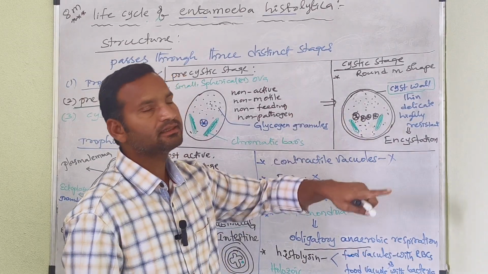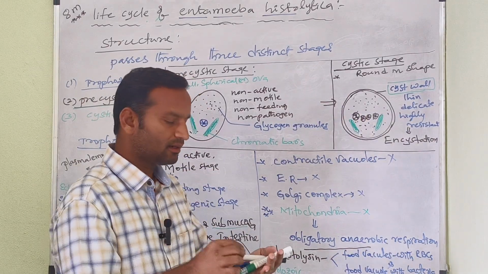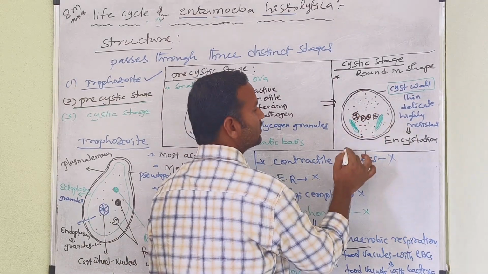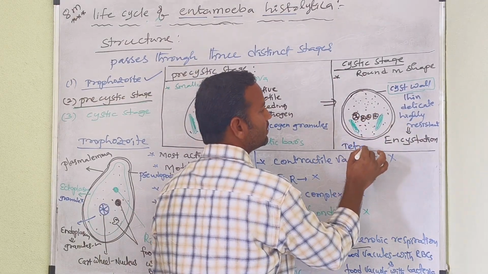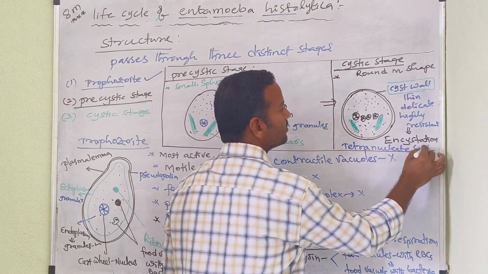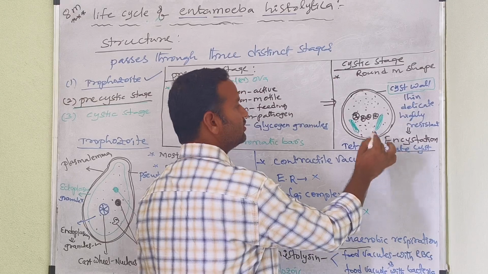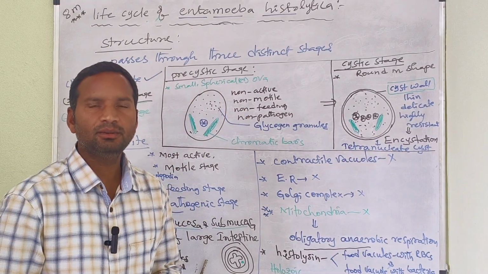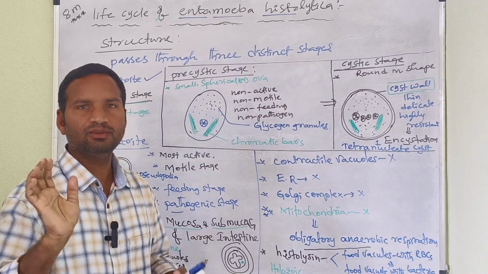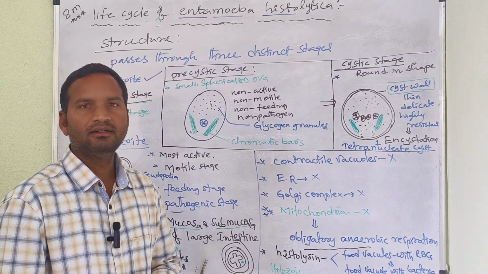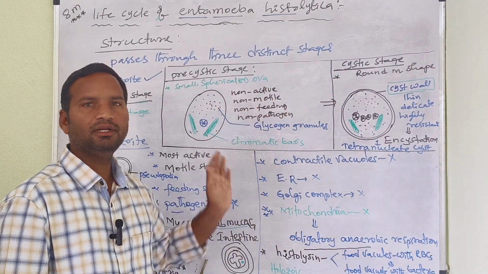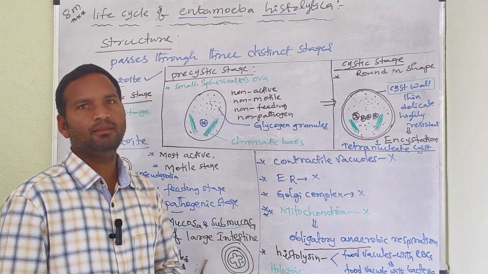That's why the next stage is called the tetranucleate stage. If it possesses four daughter nuclei, this is called the tetranucleate cyst stage, or otherwise the mature stage. This is about the structure of Entamoeba histolytica.